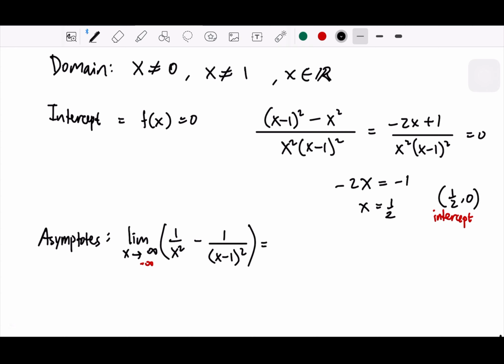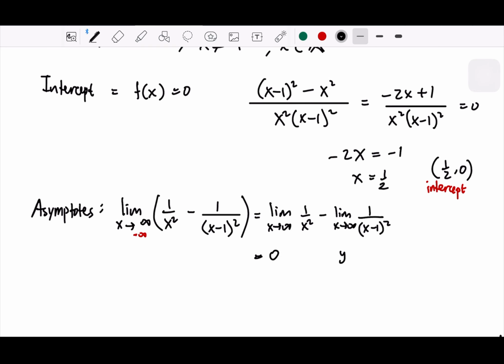So we can write this down and separate this. And we know that this will equal 0, right? This will equal 0. So y equals 0 is our horizontal asymptote.